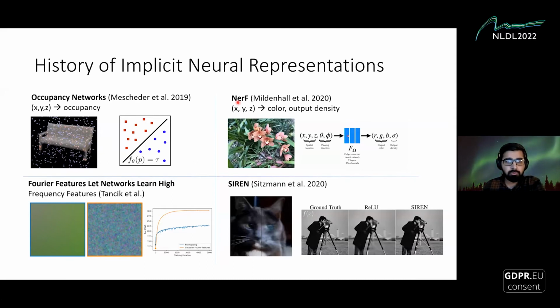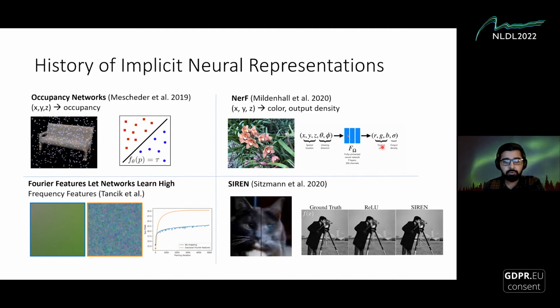Next, we talk about NeRF. NeRF uses a neural network instead of a voxel grid to encode the volumetric representation of a scene. Their algorithm represents a scene using a fully connected deep network, whose input is a single continuous 5D coordinate, that is the spatial location and the viewing direction, and whose output is the volume density and view-dependent emitted radiance at that spatial location.